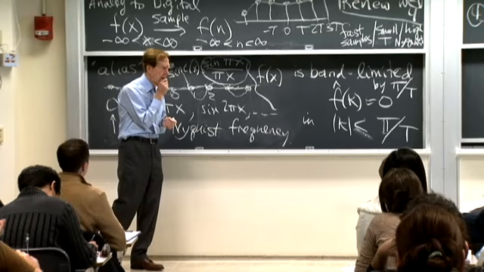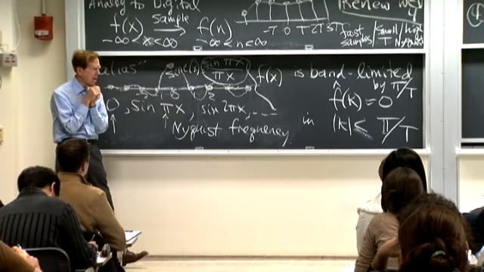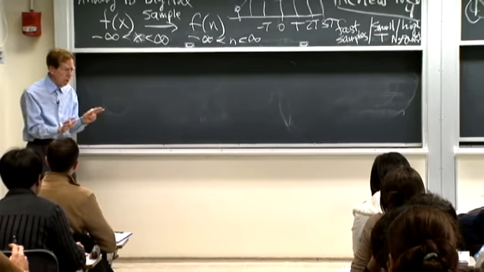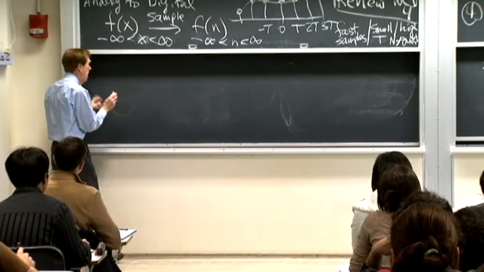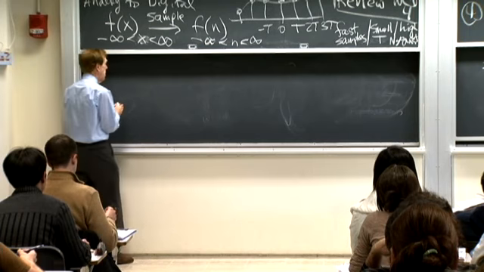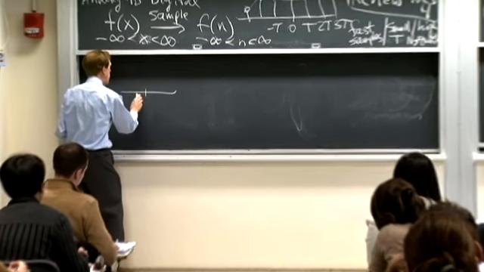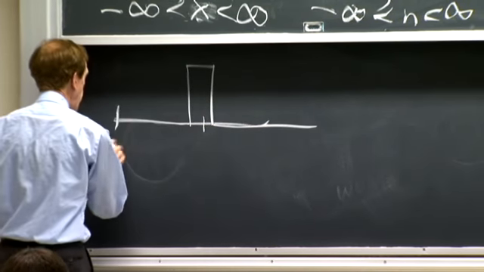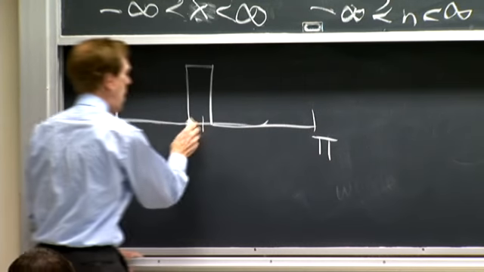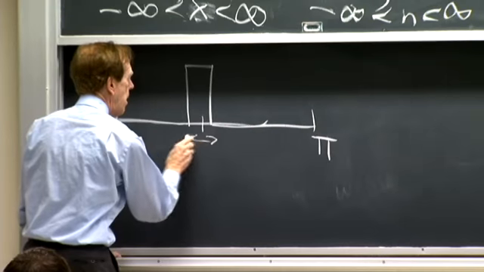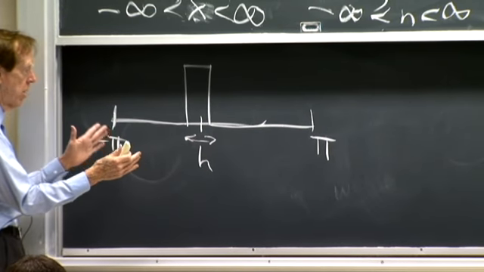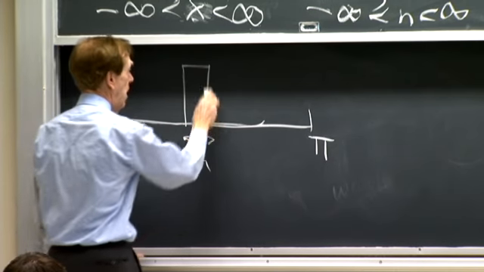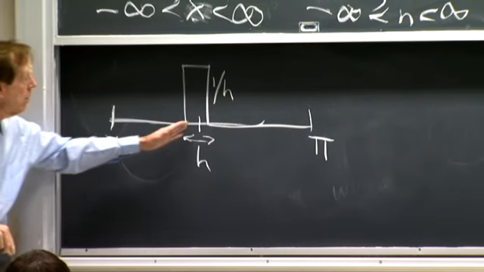Okay. Yeah, I did want to ask for your help doing these evaluations. Let me say what I'm going to do this afternoon. I'm going to answer all the questions I can, and I plan, when there is a pause and nobody else asks, to compute the Fourier integral and Fourier series for a function that is going to be like the one today, except it's going to have a height of 1 over h and a width of h.